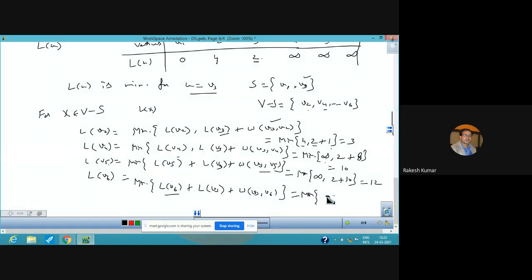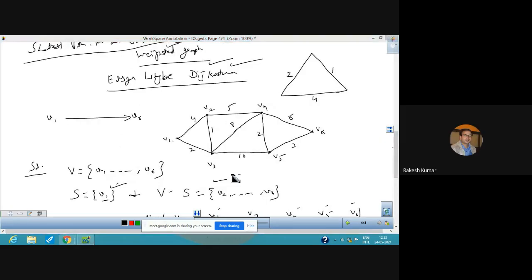L of V6 is infinity. LV3 is 2 plus the weight between V3 and V6. This is very important. V3 is this vertex and V6 is this vertex. There is no direct edge between V3 and V6.